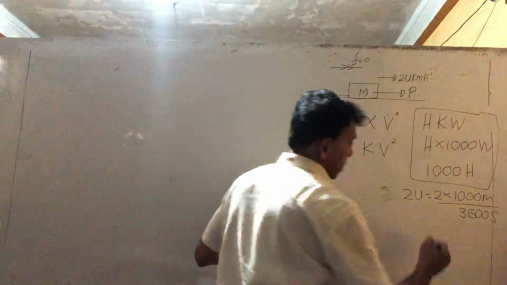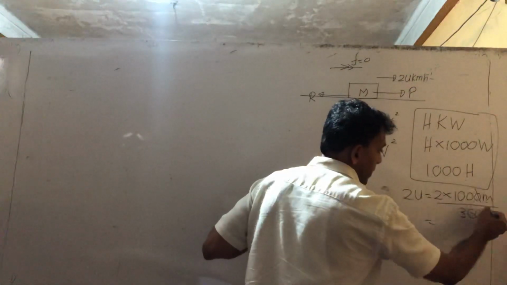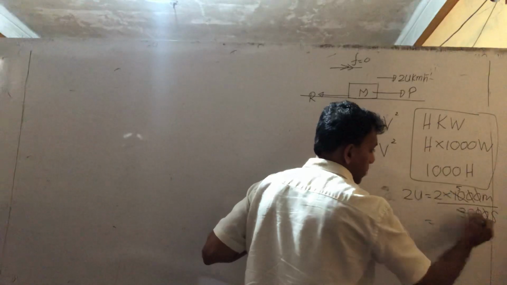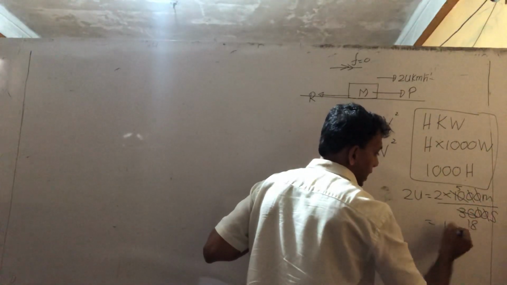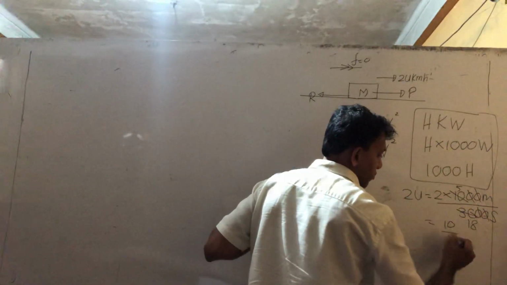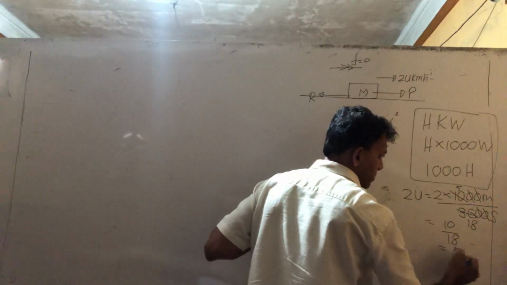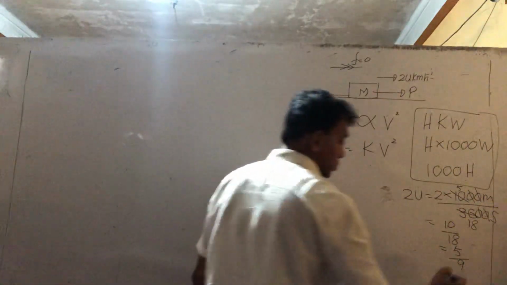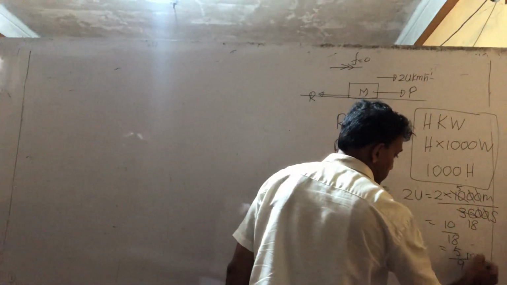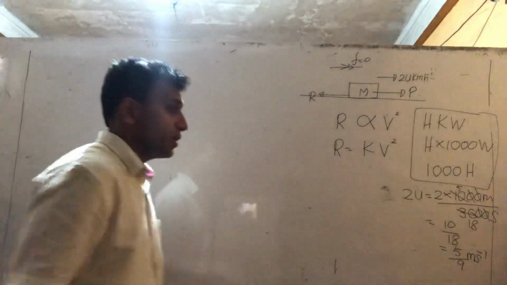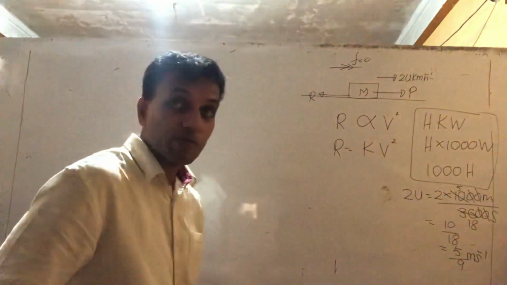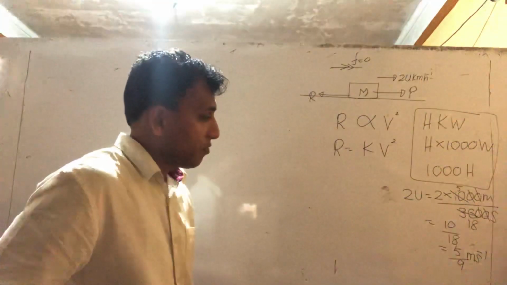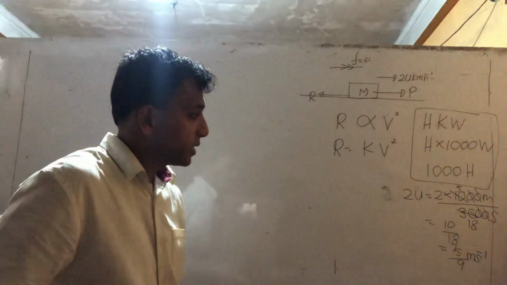Simplify: cancel the zeros, cut by 2, 10 over 18, and further cut to 5 over 9. So 2u in meters per second is 5u over 9 meters per second.